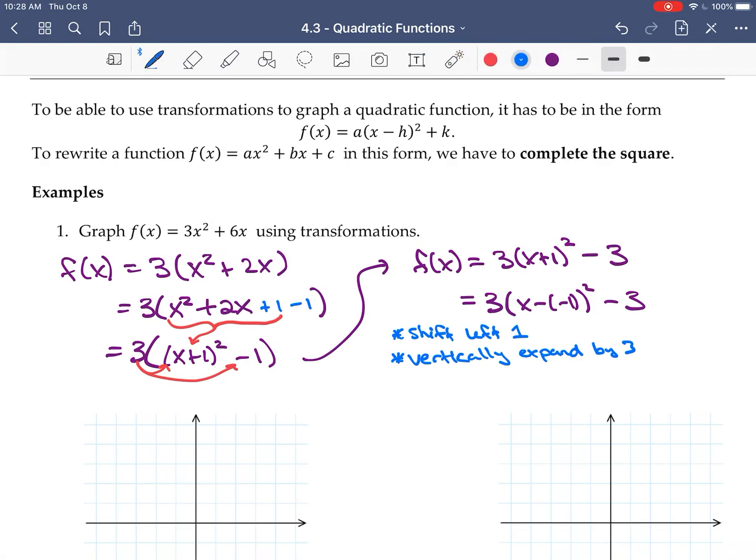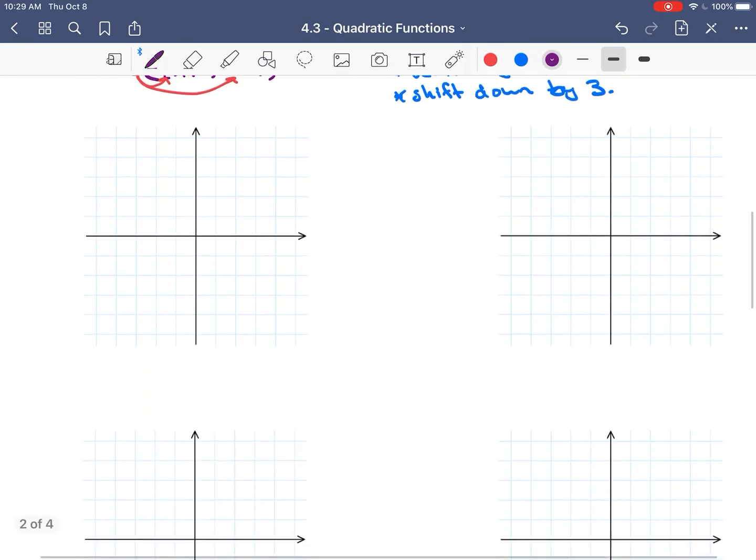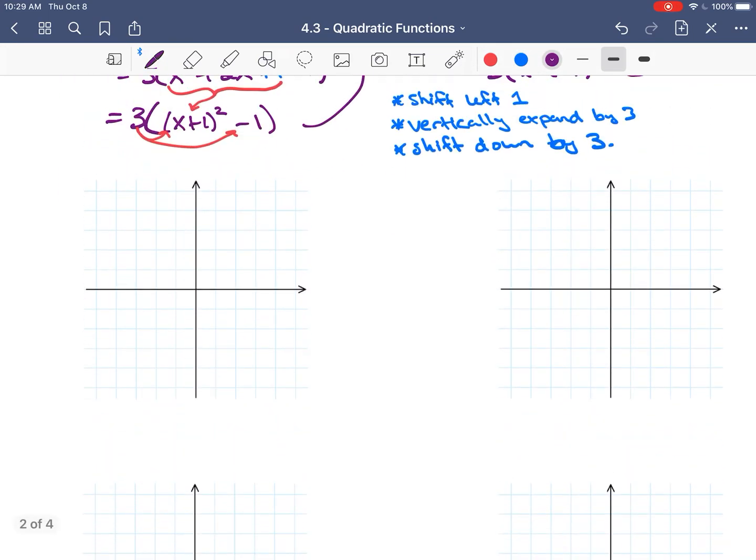And then we're also going to have to shift down by 3 because of the minus 3. So those are all the transformations we're going to have to do. So let's do them one at a time. Let's start with our initial graph, y equals x squared.